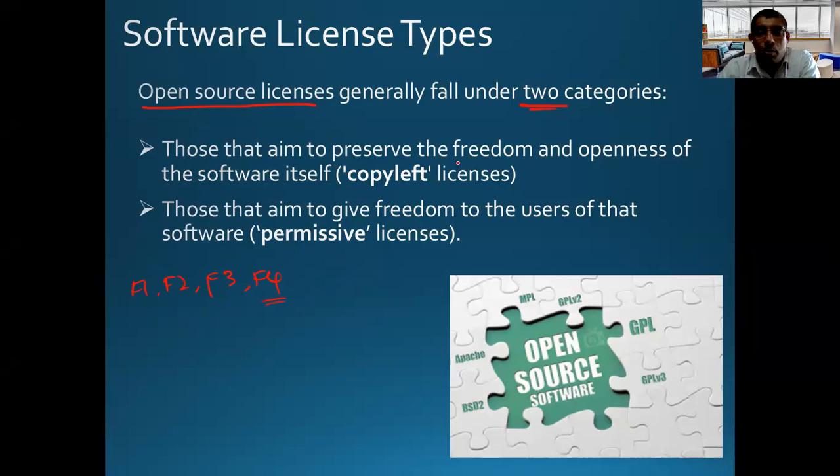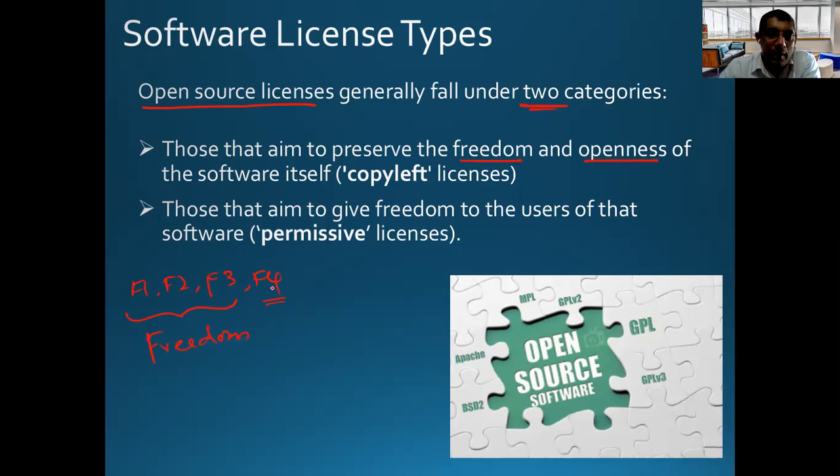Those that aim to preserve the freedom and openness, because the fourth, I would say, I put a bracket here and say freedom. These are really freedom, because you should be able to use it for any purpose. You should know how it works. It's a freedom for you. That's open source, and the source code has to be there. And then you have the freedom to distribute it to your neighbors.